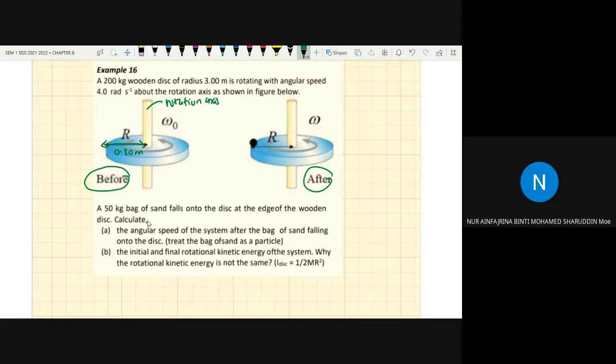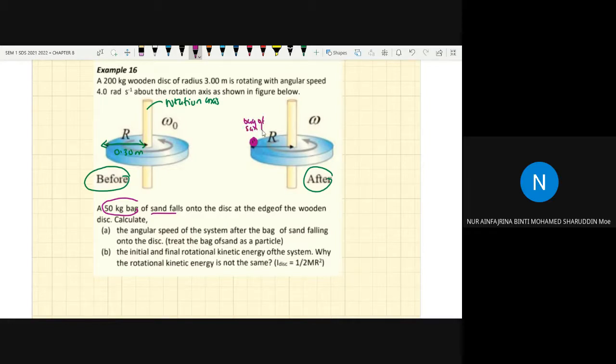Okay, and then tiba-tiba a 50 kilogram bag of sand falls onto the disc. Okay, ni macam tak logik sikit tapi korang faham-faham je lah soalan kan. So 50 kg bag of sand falls onto the disc at the edge of the wooden disc. Ini adalah dia punya bag of sand.